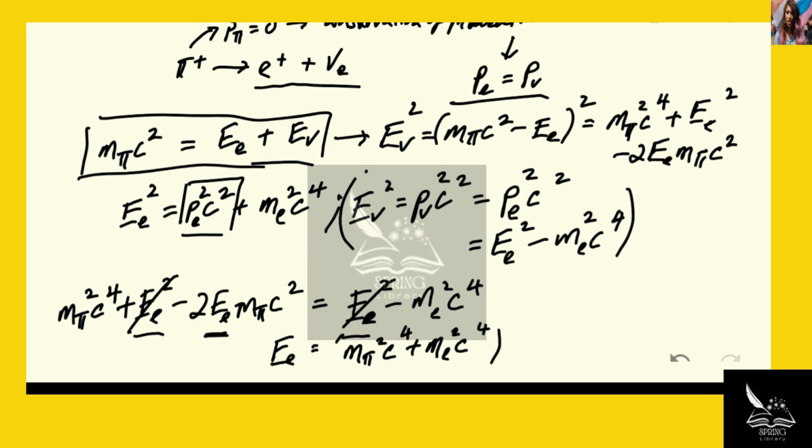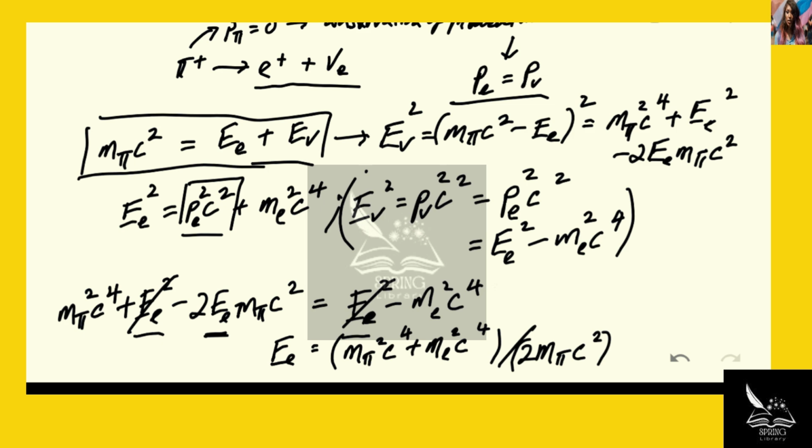So this is our expression over here, which we should be able to simplify. The mass of our positron is the same as the mass of the electron. All of this can be looked up on the table.